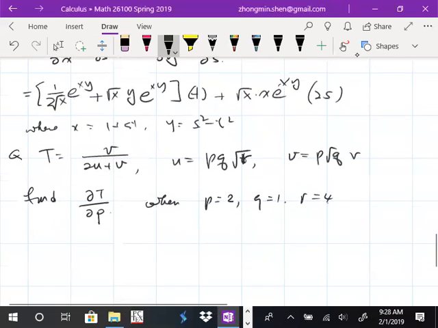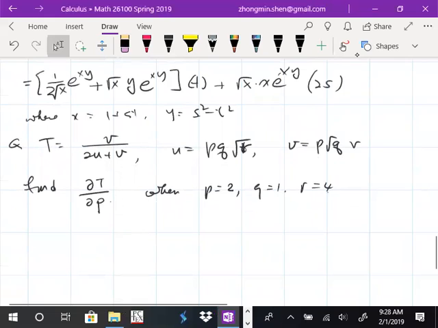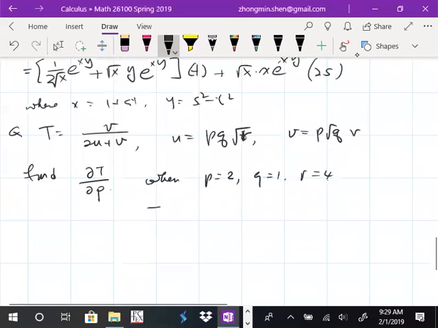Okay, what does that mean? First of all, t is given by this relatively simple expression, v over 2u plus v. So this is the picture: t depends on u and v, but both u and v depend on p, q, r.